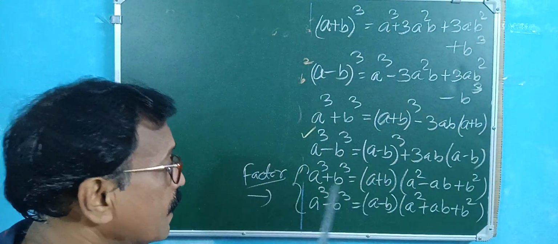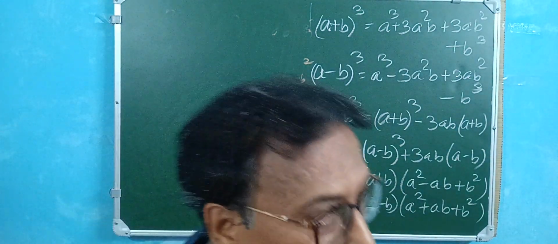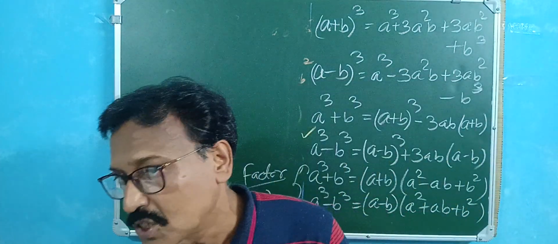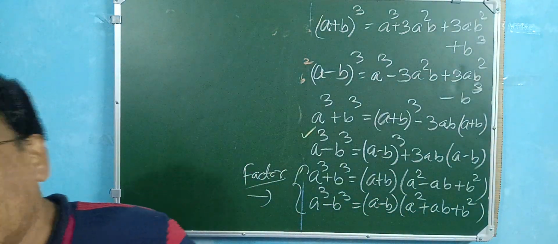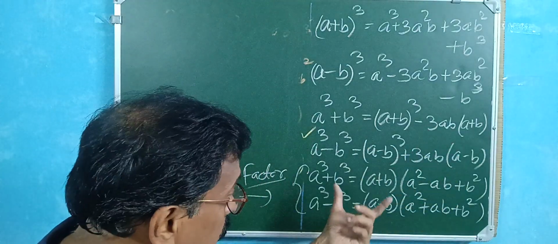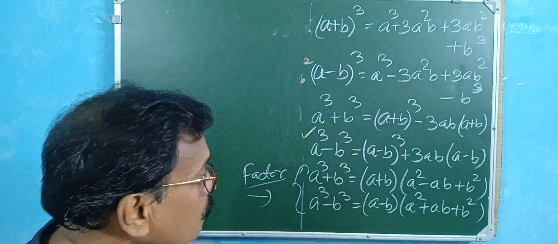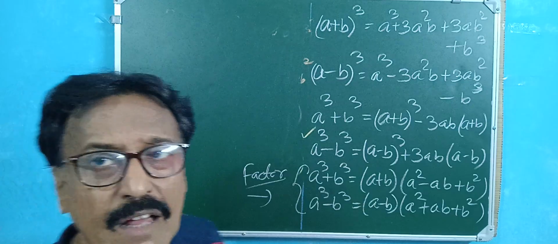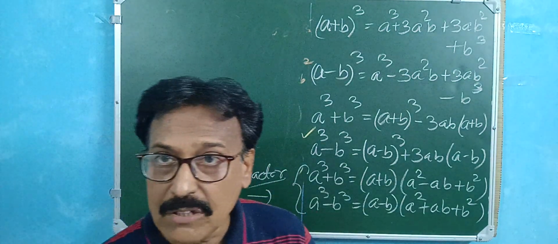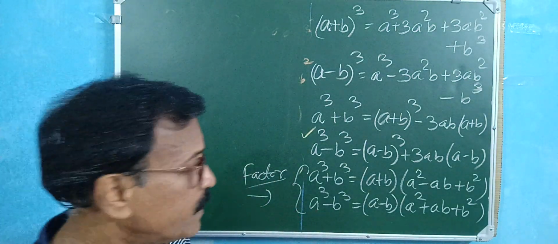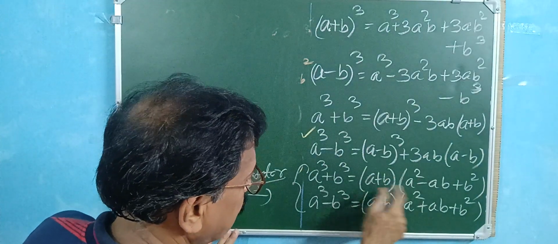So this formula is particularly used in case of factorization. Further on I will discuss factorization. At that time you use these formulas, and the other formula is used for finding the value. If you multiply this, you get this.